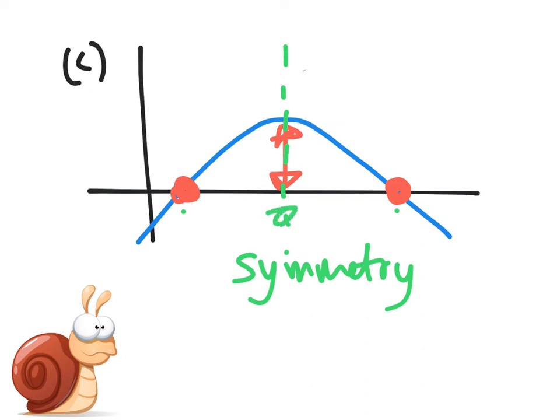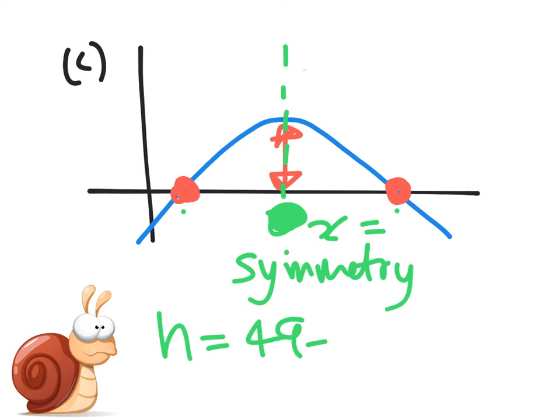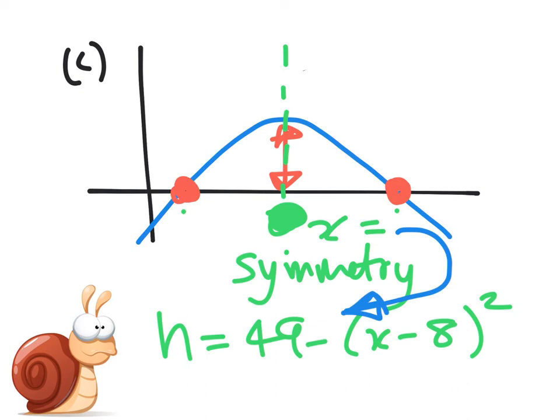Once I've worked out what this point here is for the line of symmetry, what the x number is, then all I've got to do is put that x number into our formula, 49 minus (x minus 8) squared. So whatever your x number is, stick it into this formula and you should pop out a positive number because it's above the bridge.